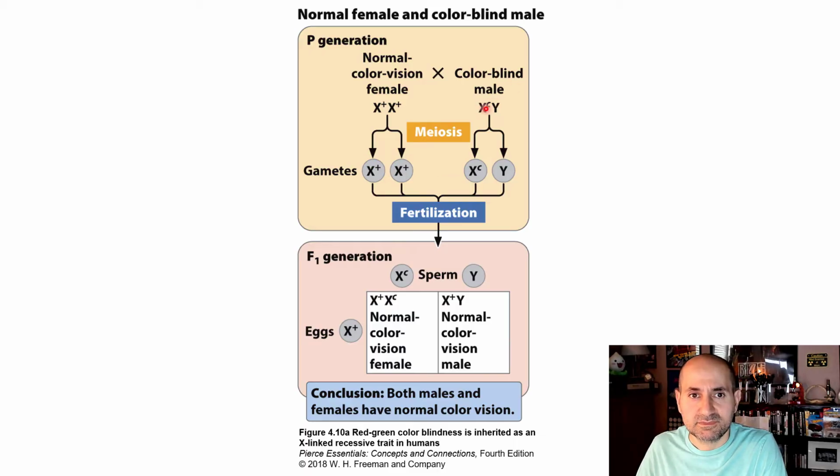The colorblind male can have X with the C allele, which means colorblind, or Y. So the gametes, the sperm, could be XC or Y. And then after fertilization, you only have normal vision in the offspring. Why? Because if you have X plus XC, you have a wild type X chromosome in the females. And if you have X plus Y, you have normal wild type. So the wild type is dominant, and the wild type will compensate for the color blindness. So conclusion, both males and females have normal color vision.